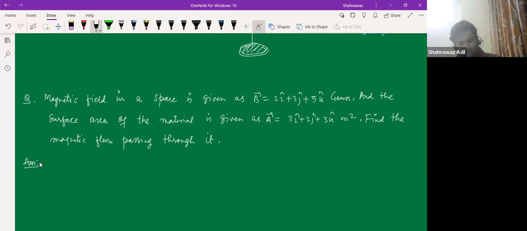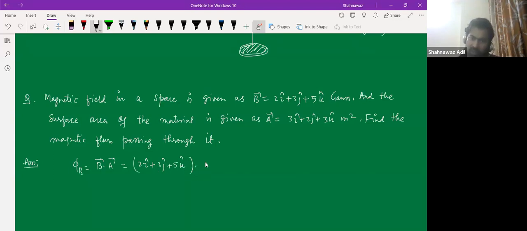Did you get the answer? Yes, sir. Since it's the magnetic flux, it is simply B dot A. Essentially that. So 3i plus 2j plus 3k dotted with 2i plus 3j plus 5k. That is correct.